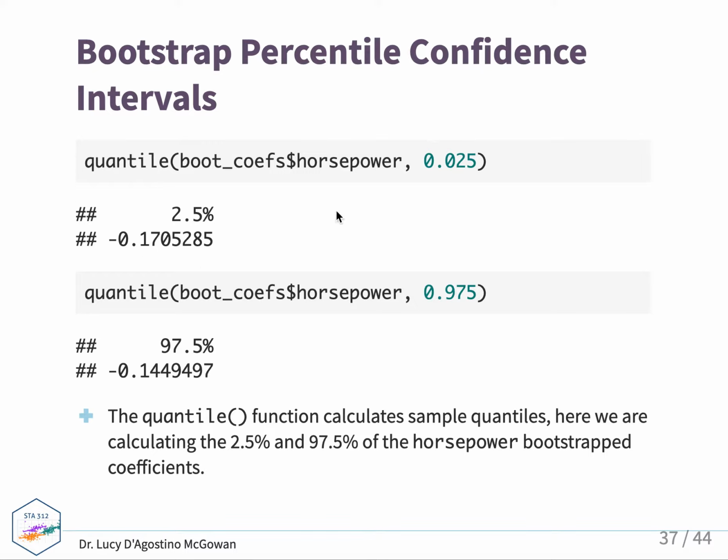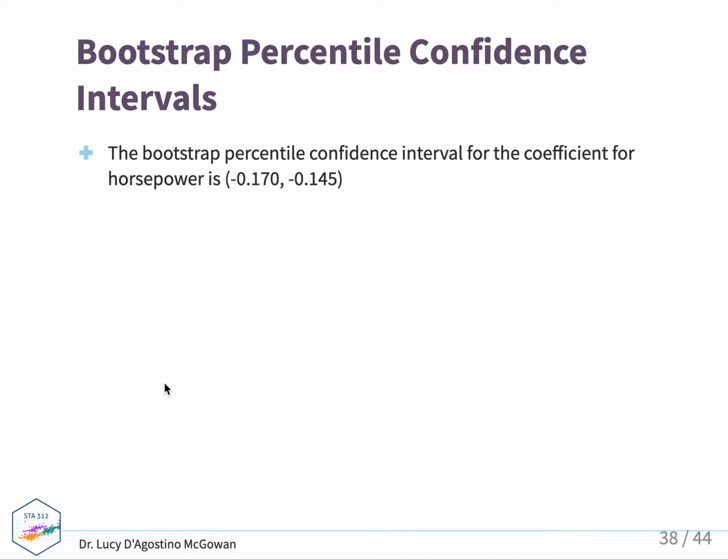This is going to be my lower bound, negative 0.17. And this is going to be my upper bound of my 95% percentile confidence interval, negative 0.1449. So the bootstrap percentile confidence interval for the coefficient for horsepower is negative 0.170 to negative 0.145.